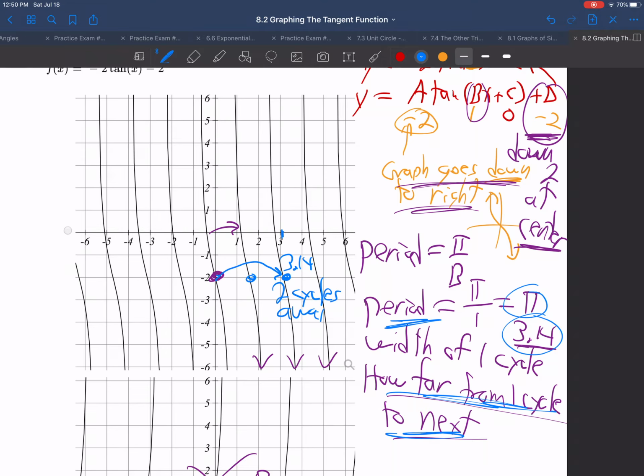The next cycle's right here at only about 1.57, half a pi. Yeah, that's not right. The next cycle is only 1.57 away. No way. Wrong period. Do you see that? The period, how far to the next cycle, is supposed to be 3.14.